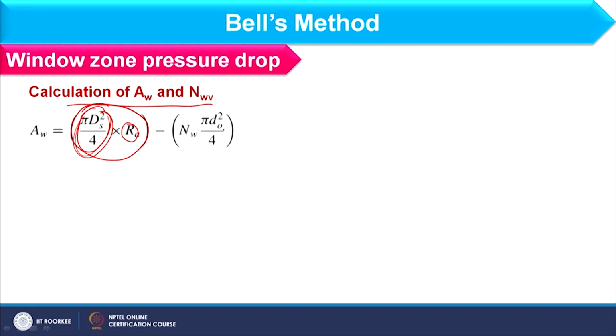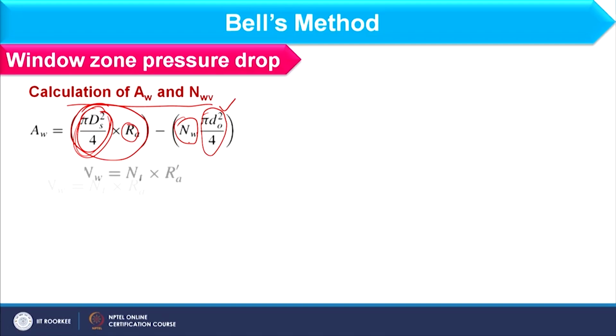And I will further deduct the area which is occupied by the tubes. Okay. So, pi d square by 4 is the outer cross sectional area of one tube into NW. NW is basically the total number of tubes available in the window zone.